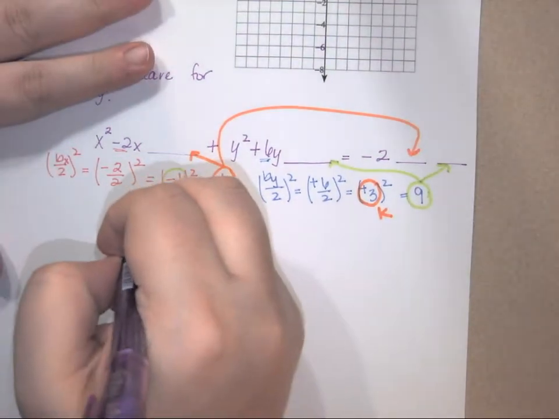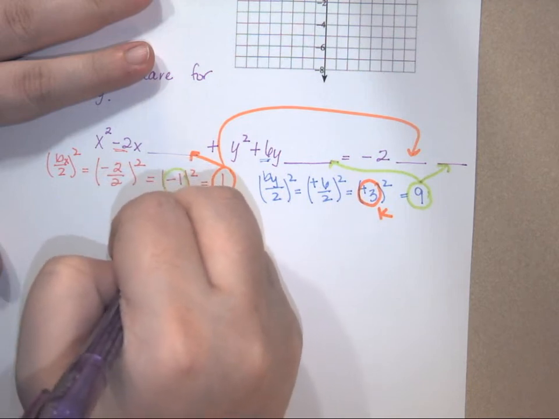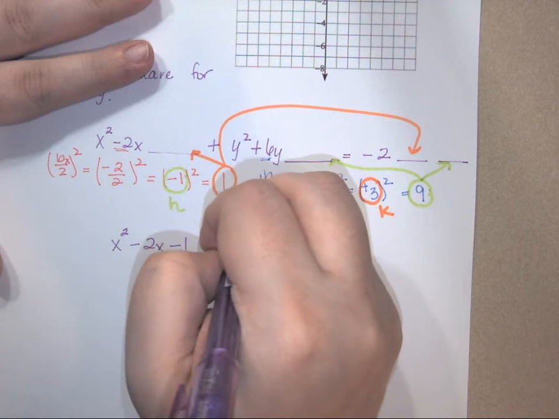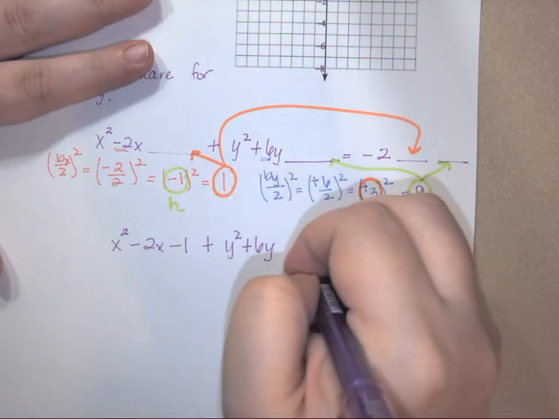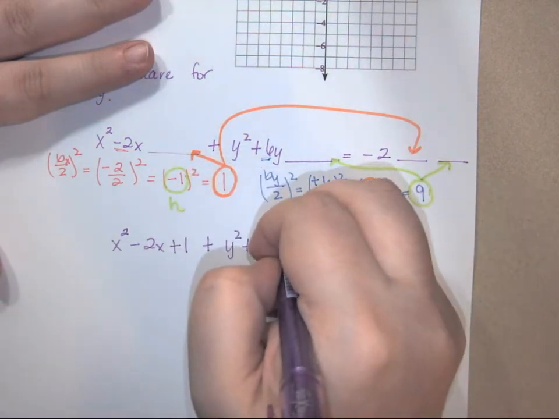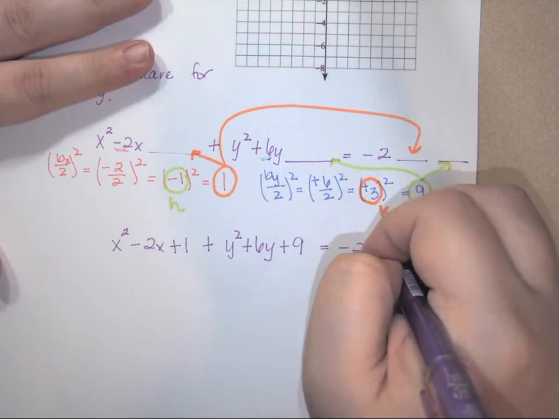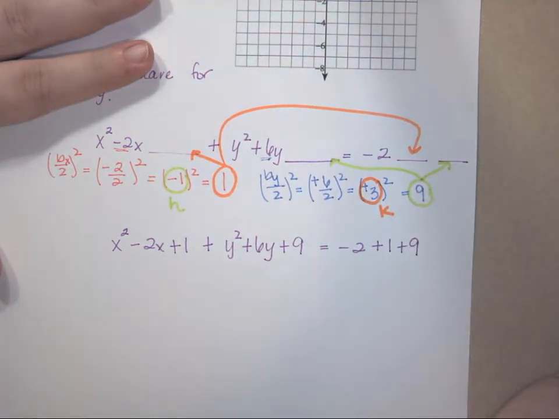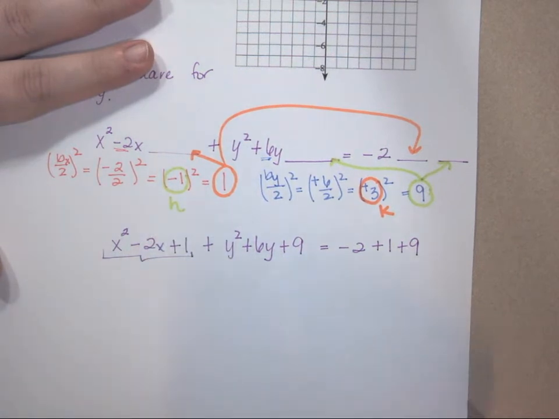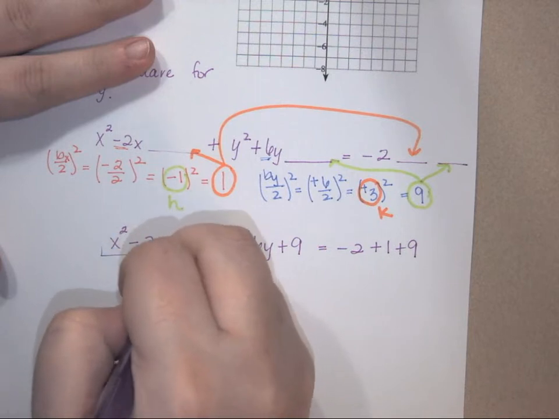Here what we'd end up with is x squared minus 2x plus 1 plus y squared plus 6y plus 9 is equal to -2 plus 1 plus 9. If we look at this first piece, this is a perfect square. And it's a perfect square at (x minus 1) squared.